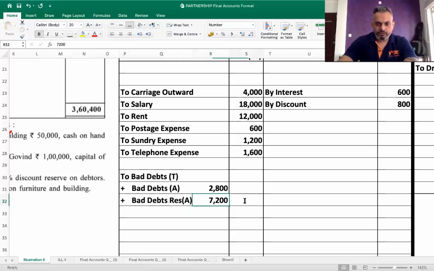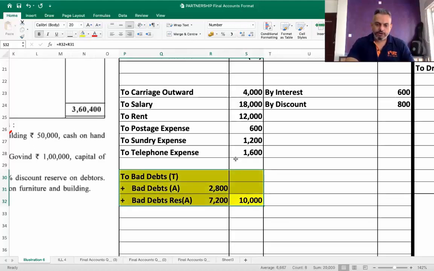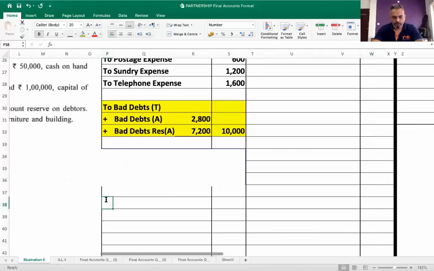So total comes to 10,000. No need to write bad debt reserve as per trial balance because है ही नहीं तो not required. So to discount reserve amount is 1,800.